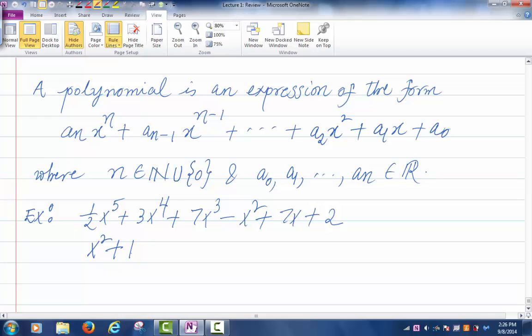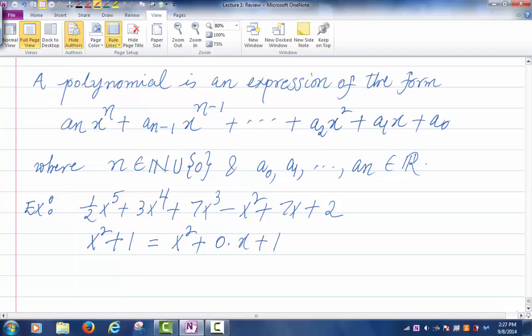You might say you don't have an x to the 1 power there, right? You realize that? So x squared plus 1 is the same as x squared plus 0 times x plus 1. Okay. So that's a polynomial as well, and you can write down many other examples of polynomials. So again, did that make sense? So you have non-negative integer powers of x multiplied with certain constants and added together, right? That's a polynomial.